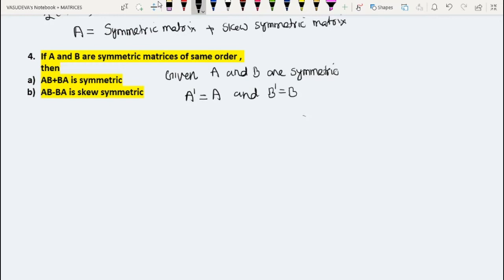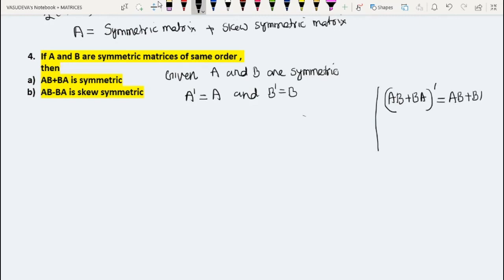Now what we have to show is that AB plus BA is symmetric. To say AB plus BA is symmetric, we have to show that AB plus BA whole dash is equal to AB plus BA.